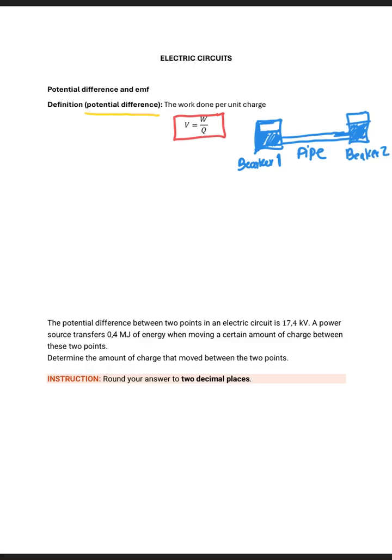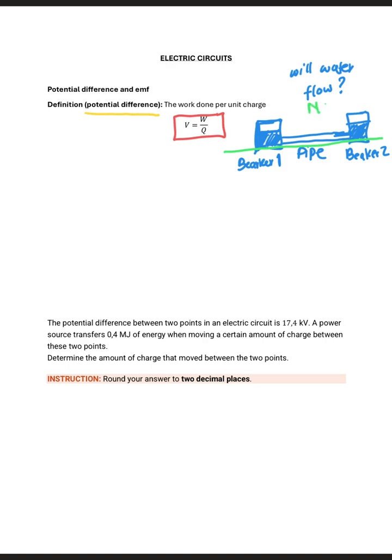Now, the water levels are the same, right? So the question is, will the water flow? I guess you gave an answer of no, the water can't flow. Why can't the water flow in this pipe? The water cannot flow in this pipe because the level of water inside the beakers is the same, and the beakers are at the same height.